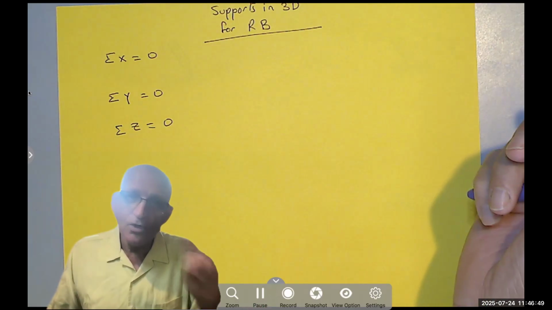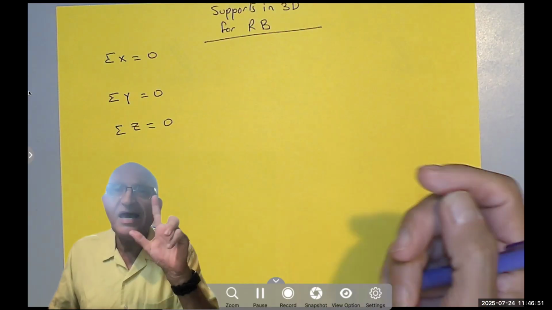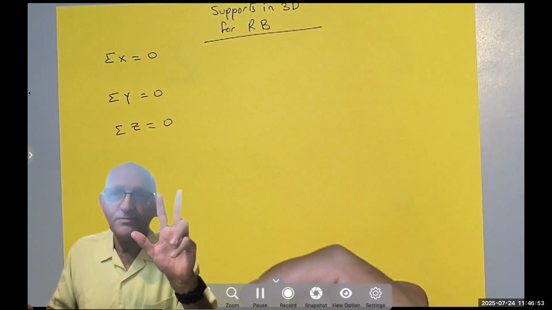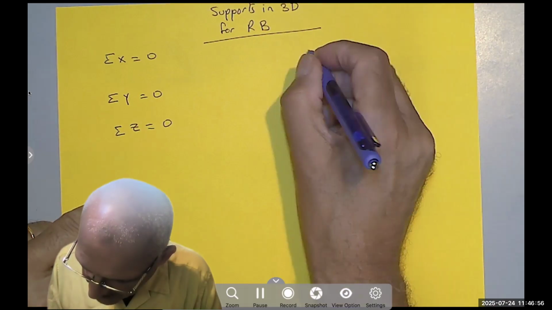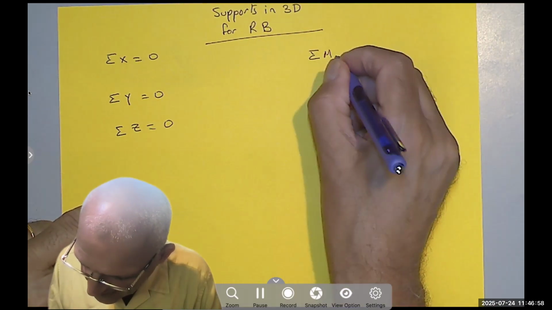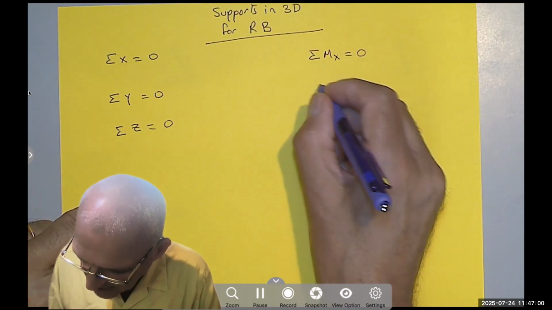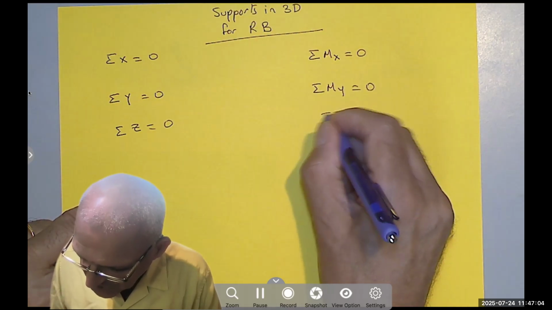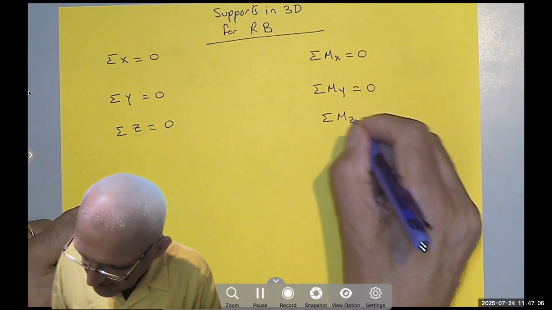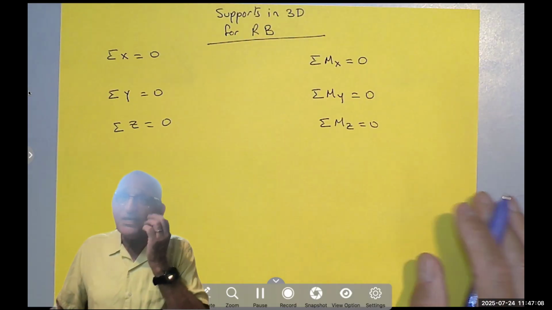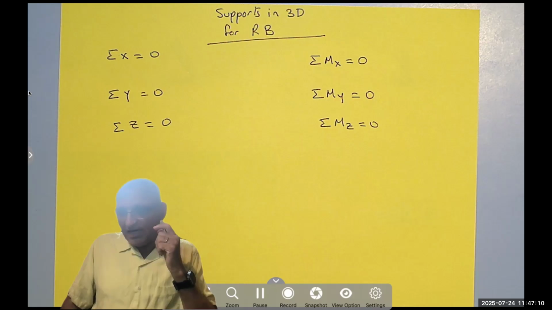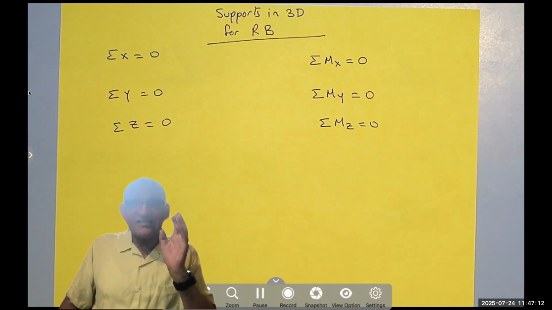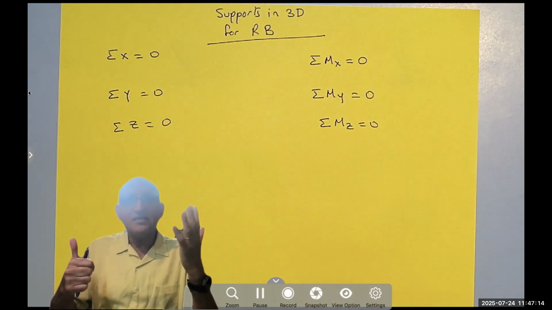So we will have three equations of moments: the summation of the moments about the x equals zero, about the y equals zero, and about the z equals zero.